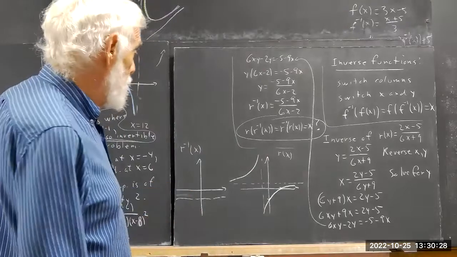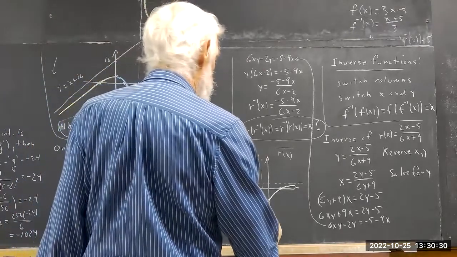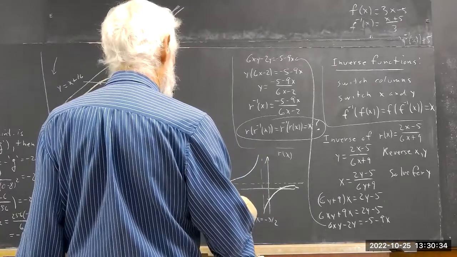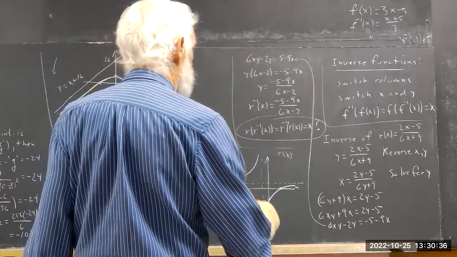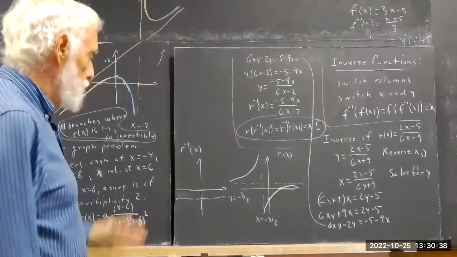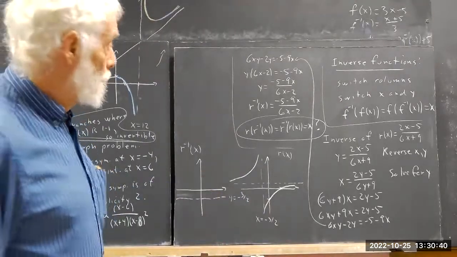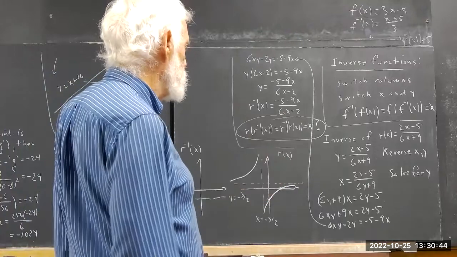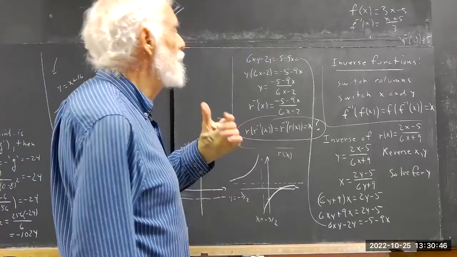Okay, so it's at -3/2. This is y equals -3/2. Okay, so far we're looking pretty good. What about a vertical asymptote? Well, it's 6x minus 2. That's at x equals 1/3.